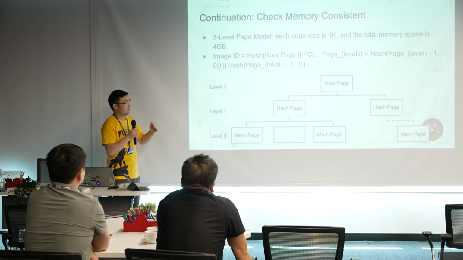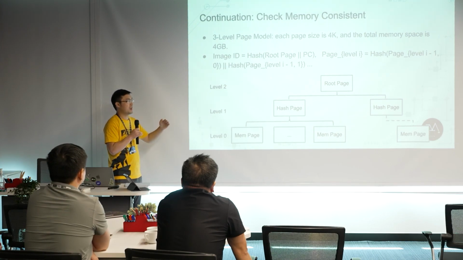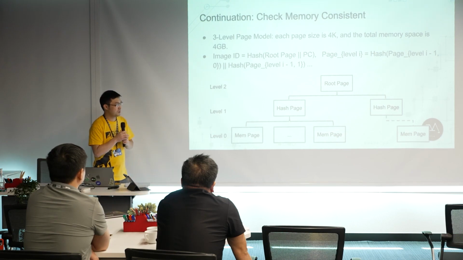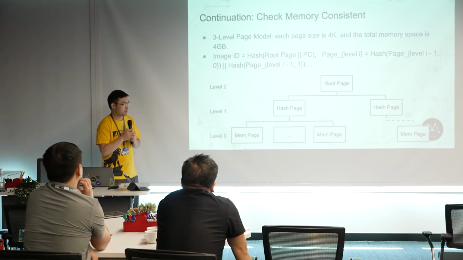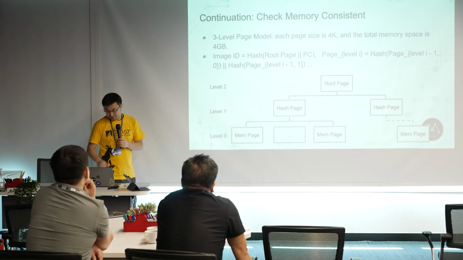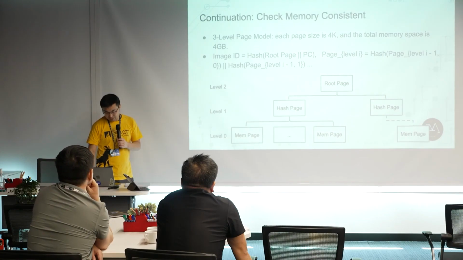But if we want to check hash functions like SHA-2 or SHA-3 or some other hash function in the circuits, it may be very inefficient. So Poseidon may be a good option.